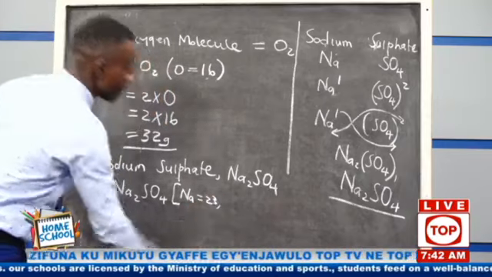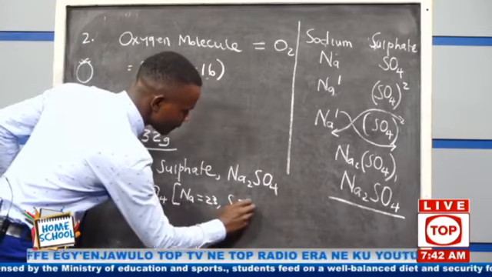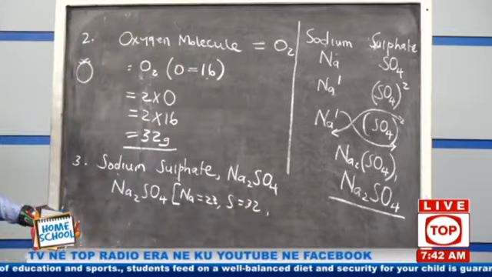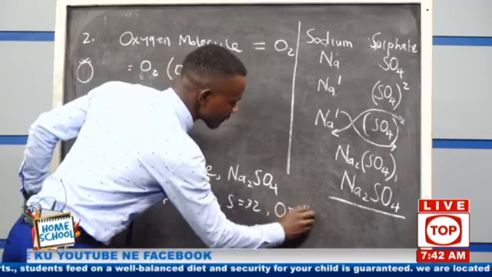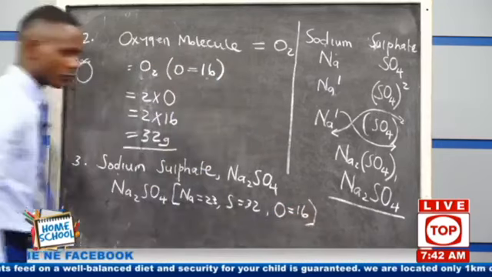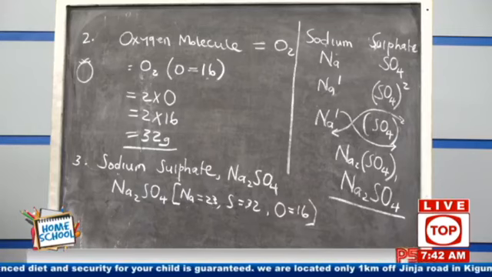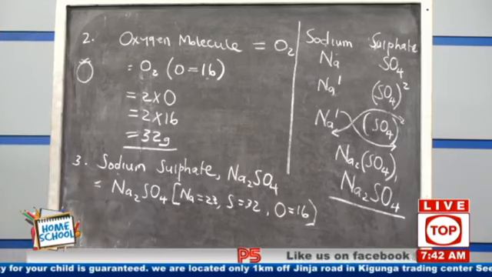Okay? You say there is sulfur and it is 32. I've picked it from there. You say there is oxygen and it is 16 and I've picked it from there. All right? Now you go to another step. You have seen that one.